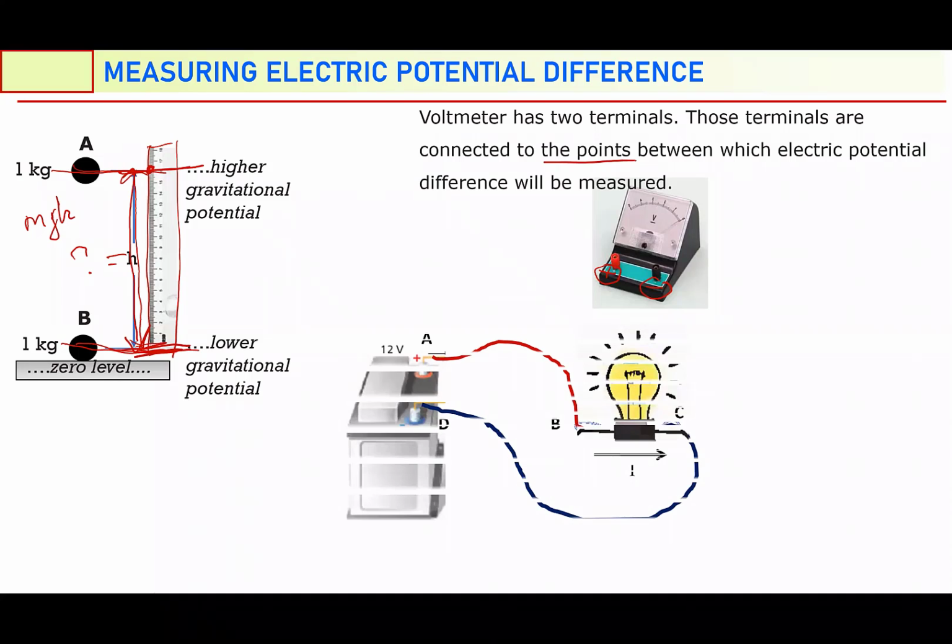For example, here is an electric circuit. You see that. This is a battery, an EMF source. This EMF source has a positive terminal and a negative terminal.